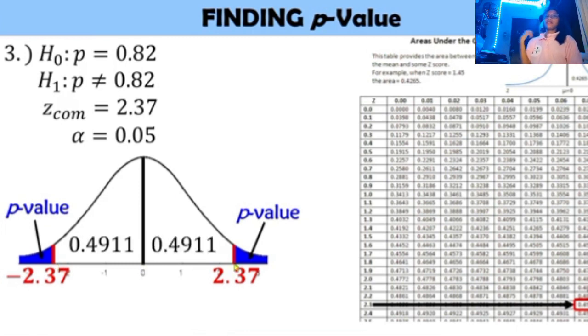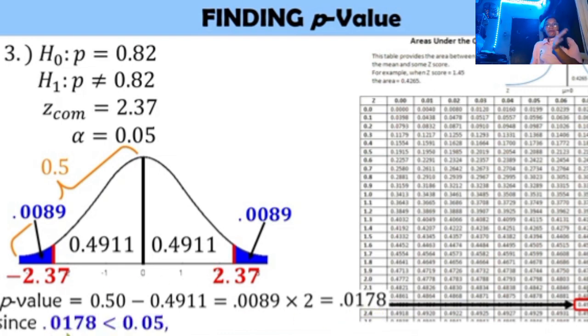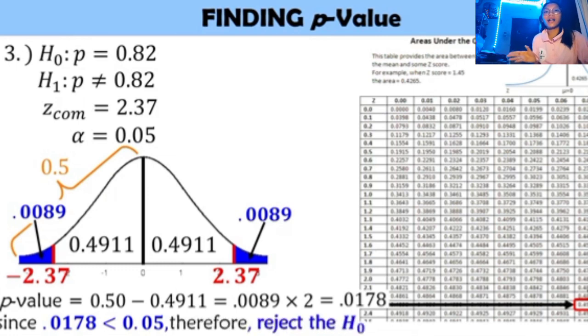We calculated this using statistical software and obtained a p-value of approximately 0.0178. Step 4, make a decision. Compare the p-value with the significance level alpha 0.05. If the p-value is less than alpha, we reject the null hypothesis.